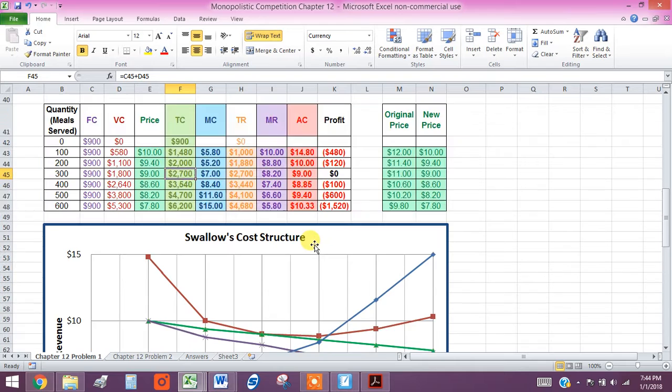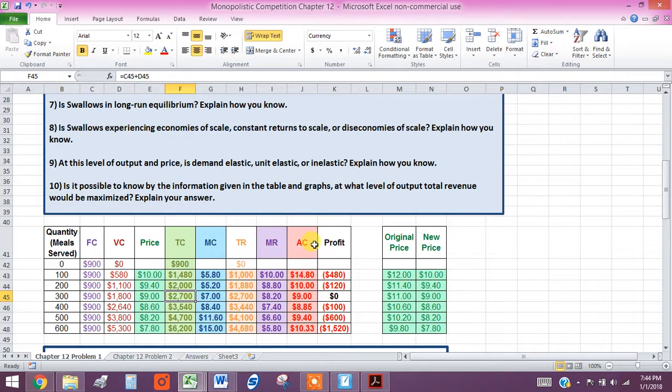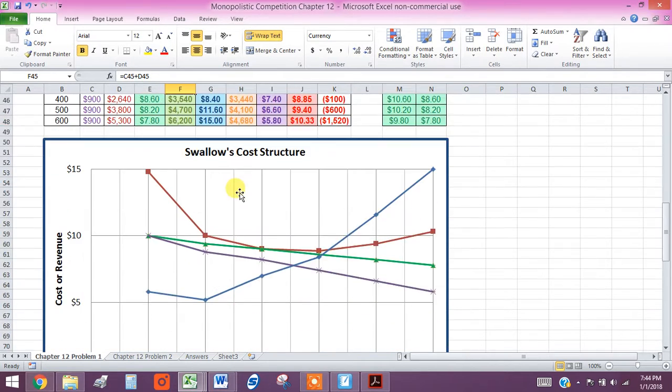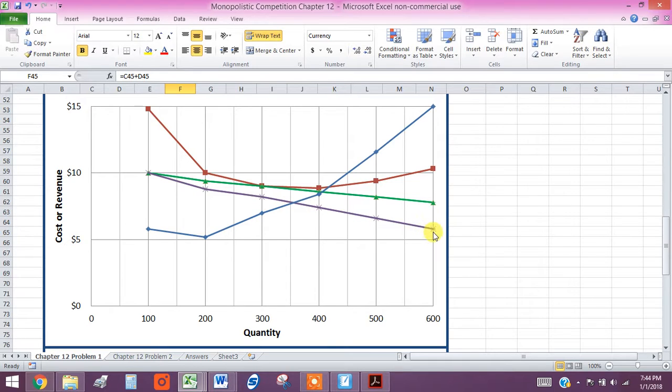Okay. Number 10, is it possible to know by the information given in the table and graphs at what level of output total revenue would be maximized? No, it is not, because it does not show here. It does not go out far enough to show where marginal revenue is 0.